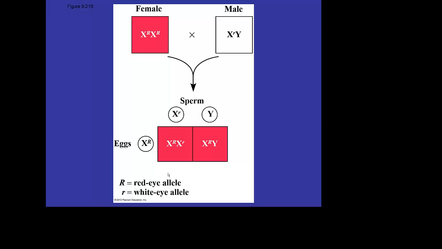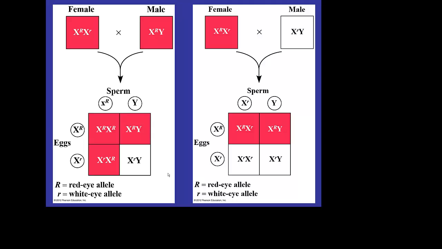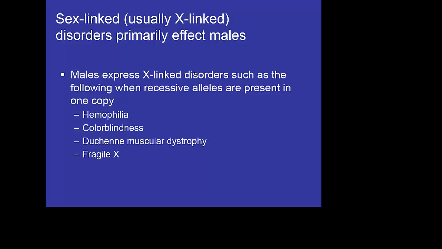I'm not going to focus on that for now, but if you're interested in it, it's here for you to consider, and how you would get different combinations of offspring and different colored eye combinations based on whether or not you had the male with a particular eye color, R being the dominant red, or little r with the white eyes, and how that can be inherited and where that information is coming and going.